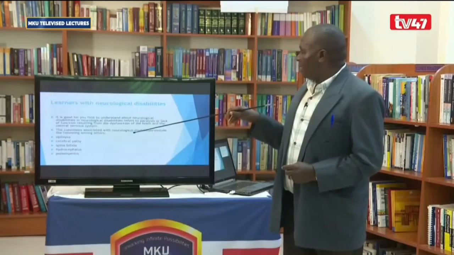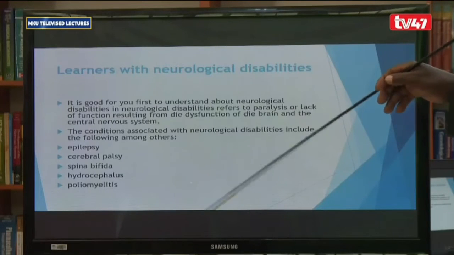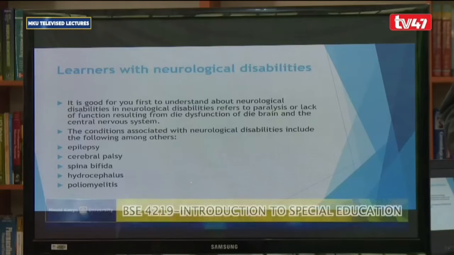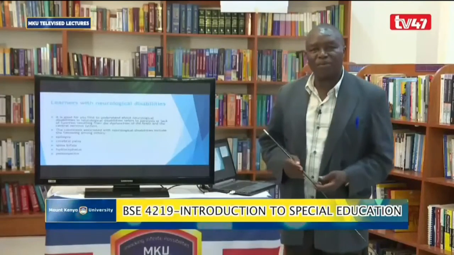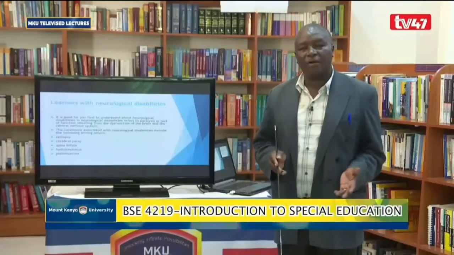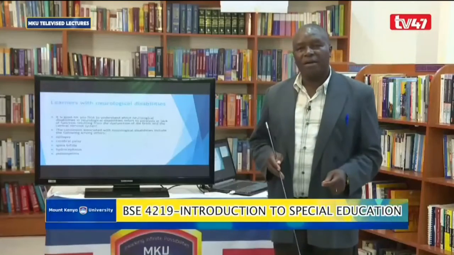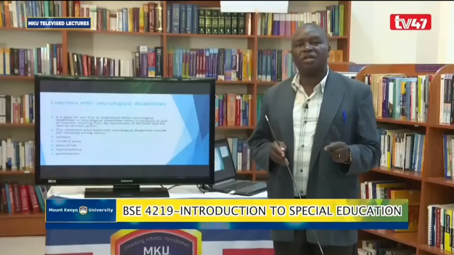Another one in this category of neurological disabilities is epilepsy. Epilepsy is a condition of the brain where the brain is affected, and it is characterized by fits. Normally we have seen some people who fall down, and those who are around you see them running away because they think it is contagious. It is not contagious.